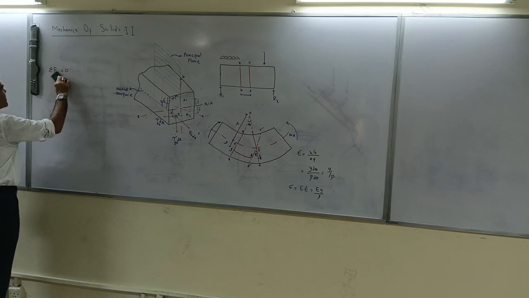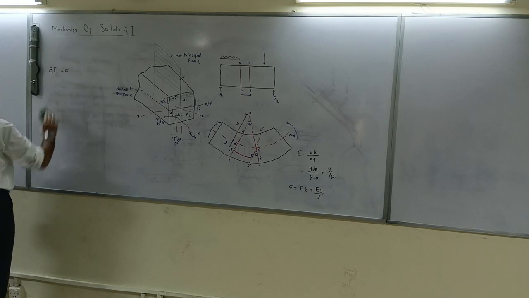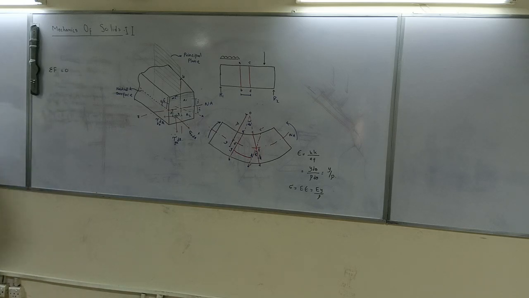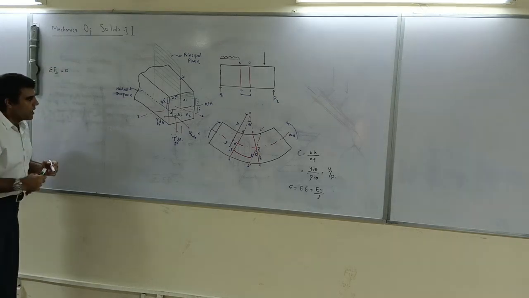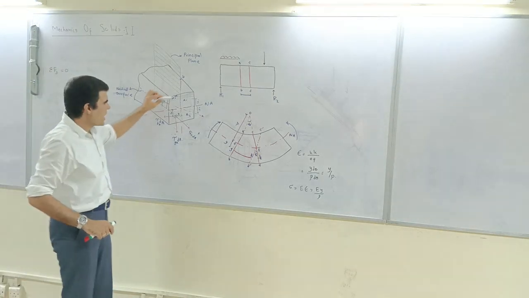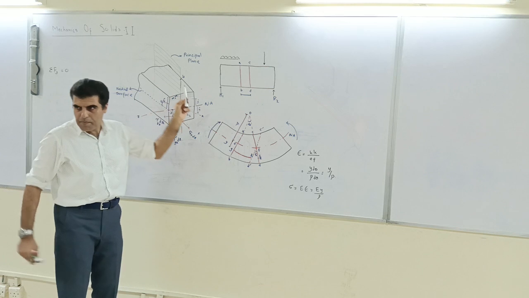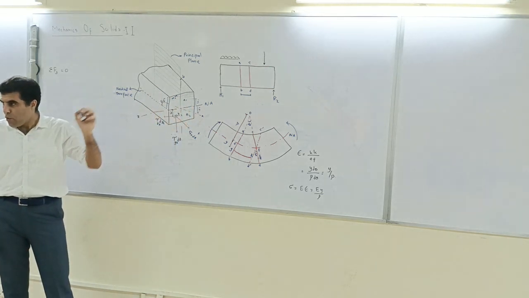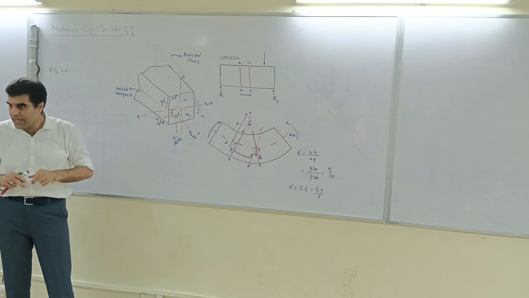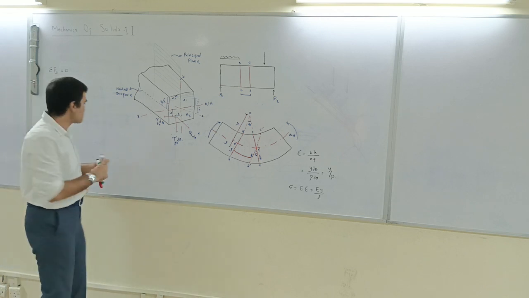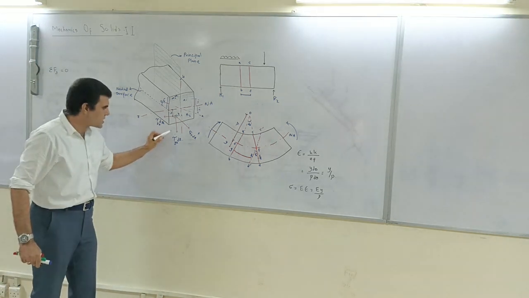Then we have summation of Fz is equal to 0. Okay, there is one thing with the summation of Fy. Summation of Fy within the beam cross section is equal to tau yx.